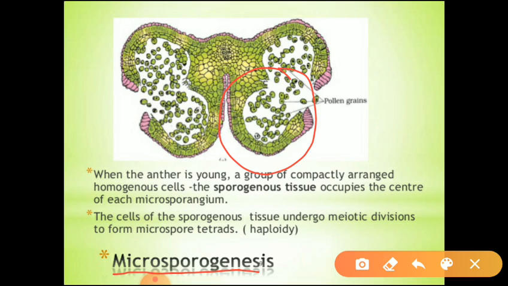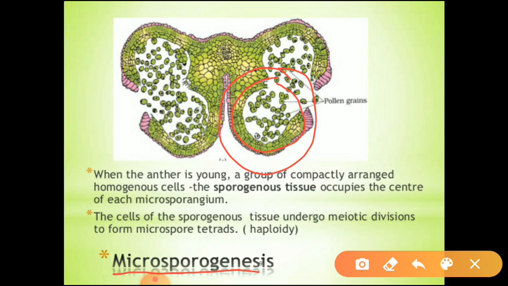In the microsporangium, there is a microspore producing cell. That microspore producing cell we call the microspore mother cell. This microspore mother cell undergoes meiosis cell division and produces 4 haploid microspores or pollen grains.